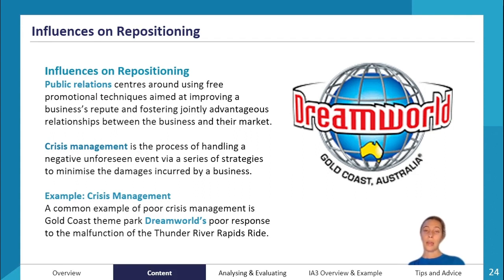So, a very good example of that is Dreamworld. They had a crisis back years ago now where they had the malfunction of the Thunder River Rapids ride, and that wasn't handled as well as it probably could have been by Dreamworld and the parent company, Ardent Leisure.